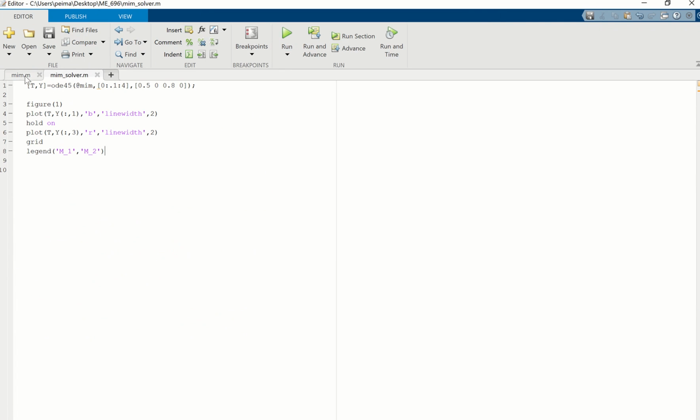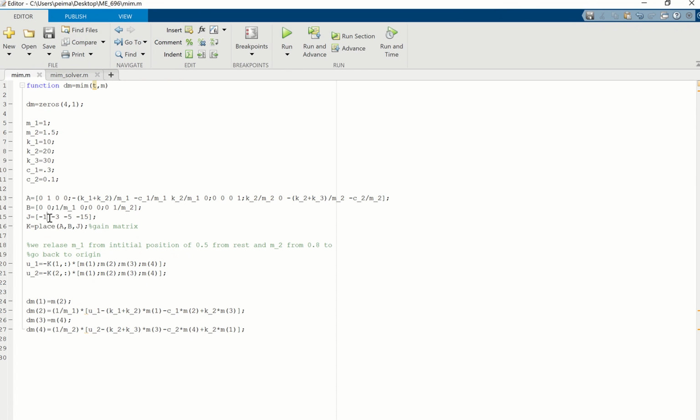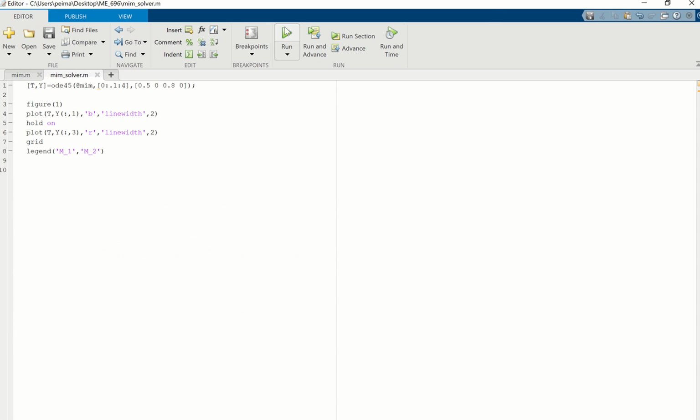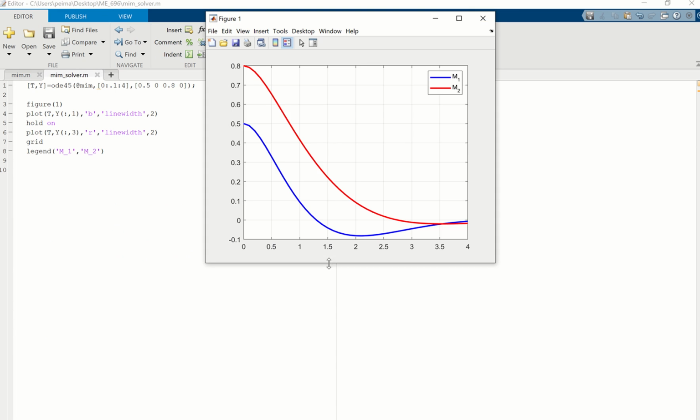Understand? And now obviously, if you say I want to have a pair of complex conjugate poles, minus 1 plus i and minus 1 minus i, and for the second mass, I don't know, minus 2 plus i, for example, minus 2 minus i, obviously you're gonna have this. No way.